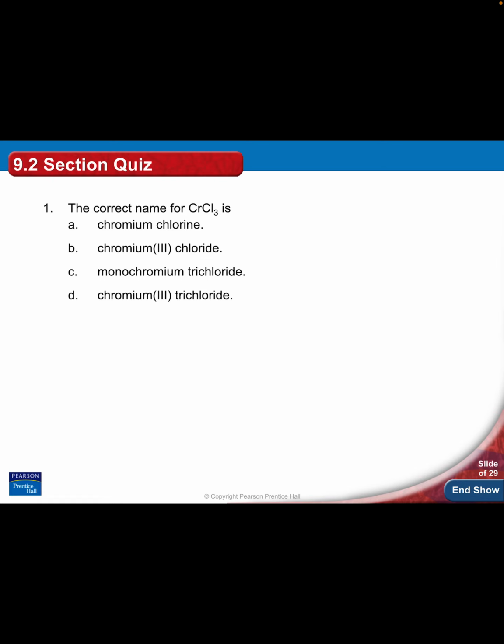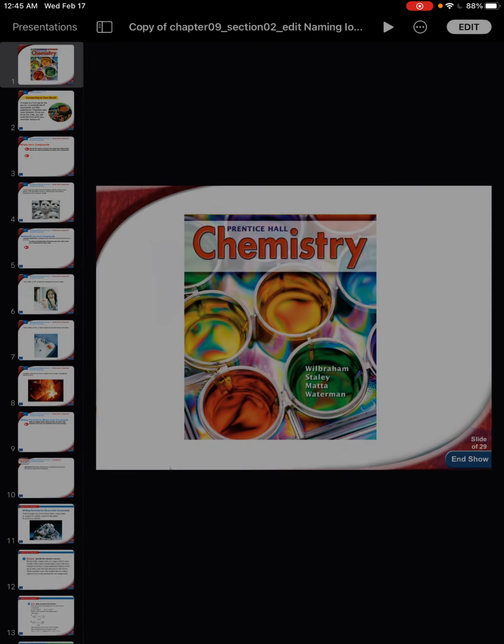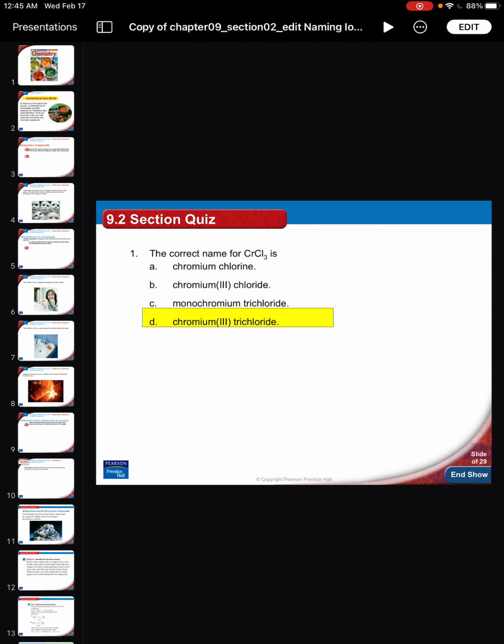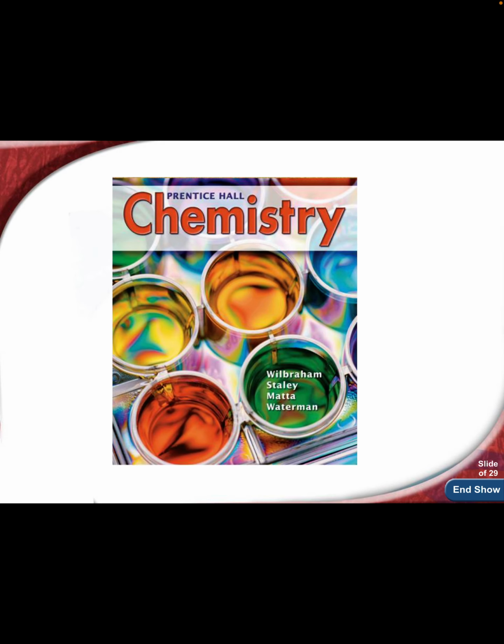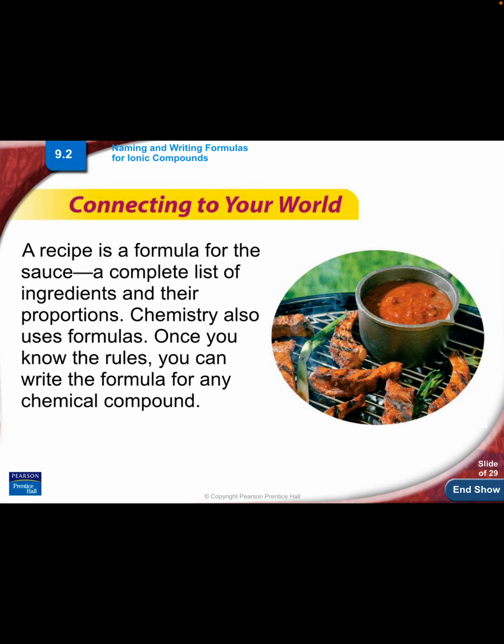It's kind of like PowerPoint. Let me exit show and go to the beginning. We have talked about naming the ions, both cations and anions, and now we want to put them together to make compounds.